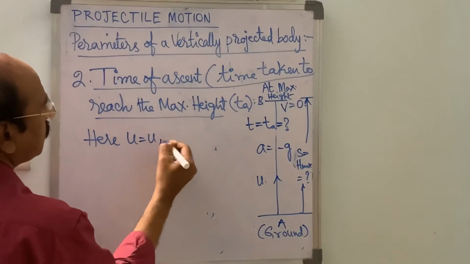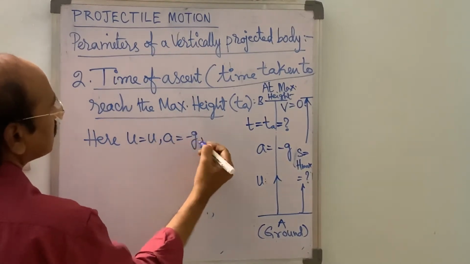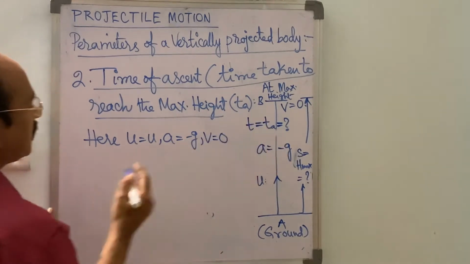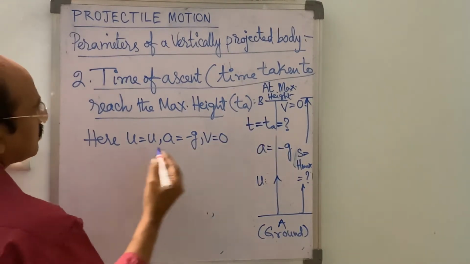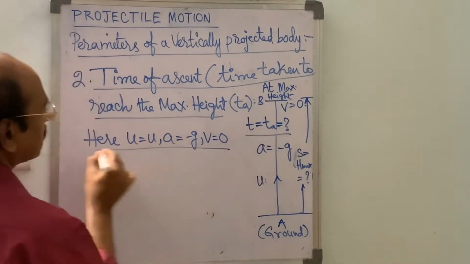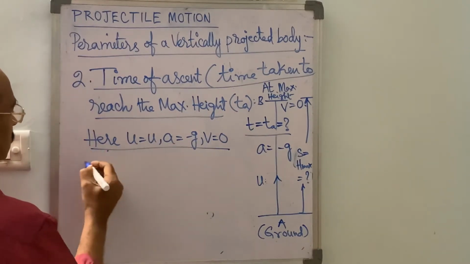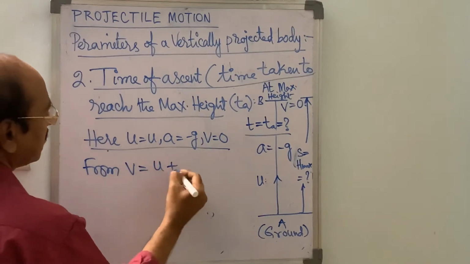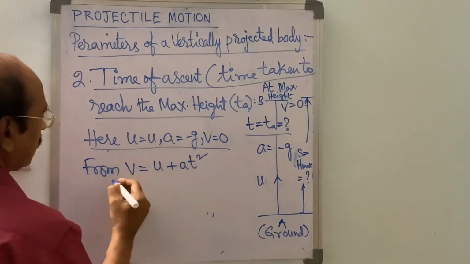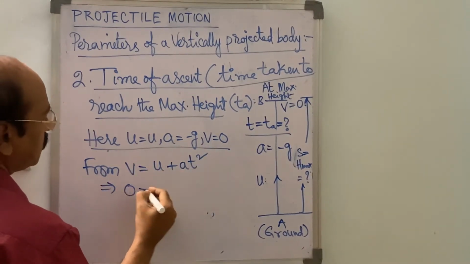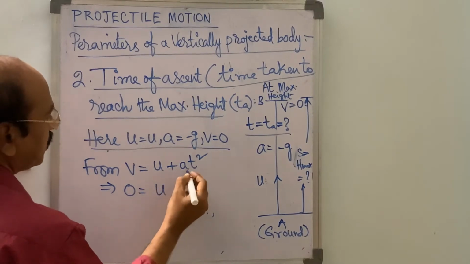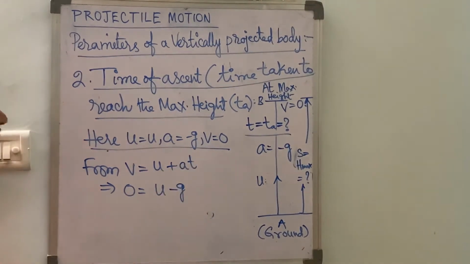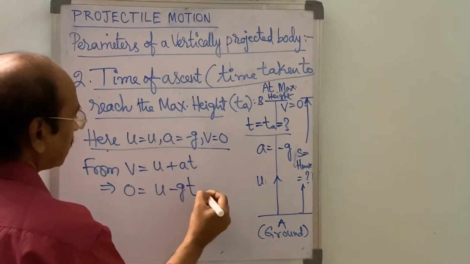Here u equal to u, a equal to minus g, and v equal to 0, t equal to ta, question mark. So from the equation v equal to u plus at, v is 0, u equal to u, a is equal to minus g, and t equal to ta.